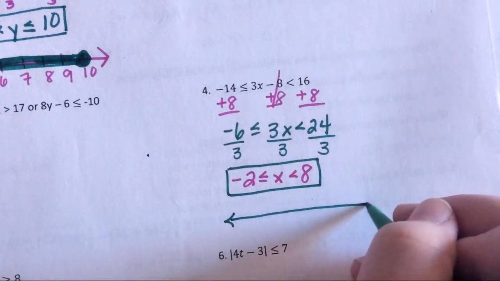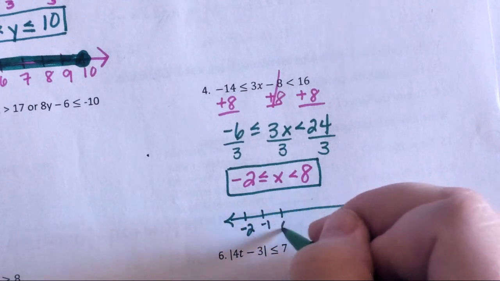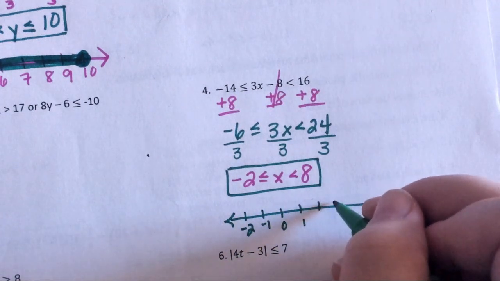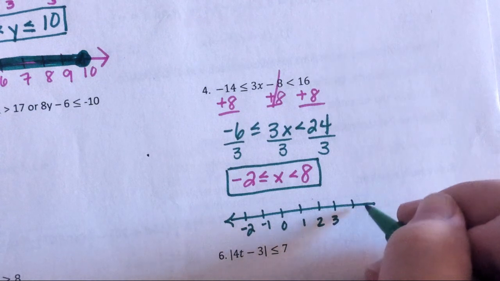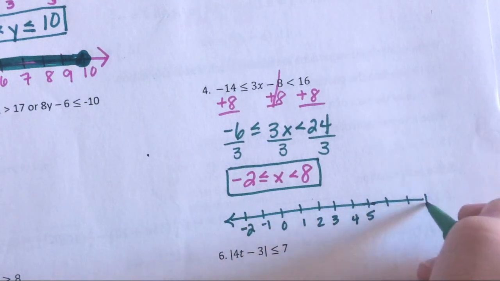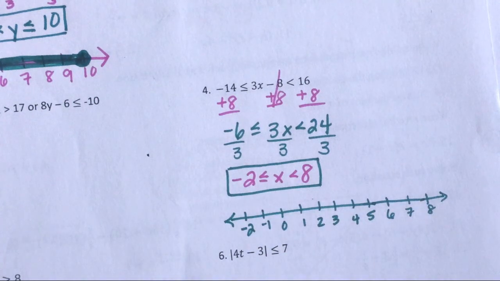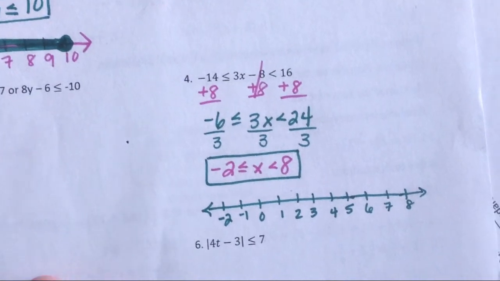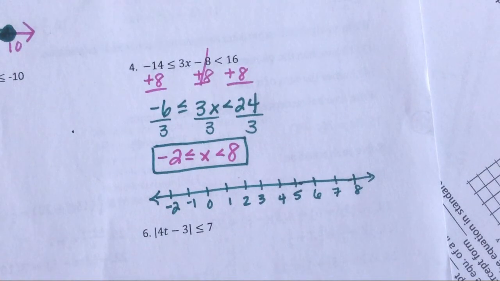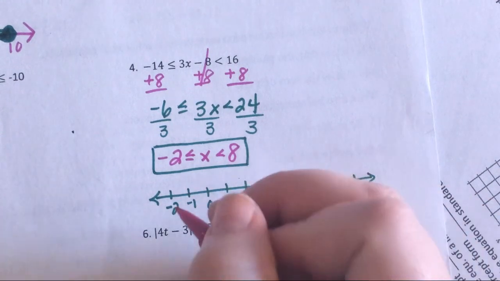Now we're going to graph our little number line. I'm going to go from -2 to 8. Okay.